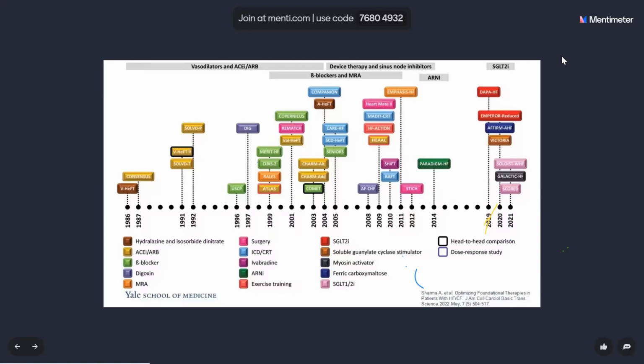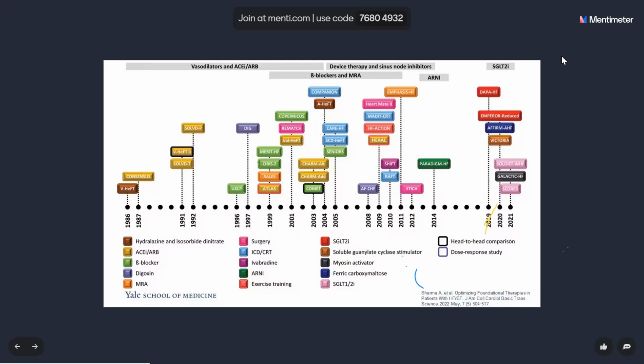But it wasn't until the mid 1980s where there was a thought that there could be some role of neurohormonal blockade as a means for treating heart failure. So you had the CONSENSUS study, you had the SOLVD trials, and these were the first trials that looked at renin-angiotensin system inhibition as a possible mechanism for treating heart failure with reduced ejection fraction.